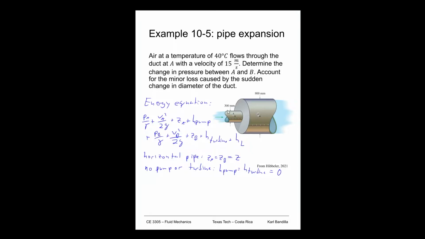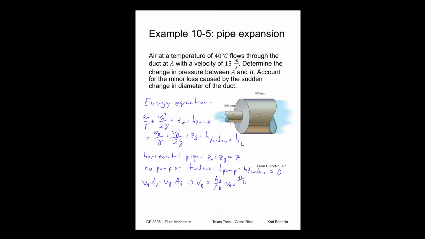Okay, velocities. We're given VA, but we're not given VB, so let's calculate VB. Use continuity for that. So VA times AA equals VB times AB. That means VB is AA over AB times VA.